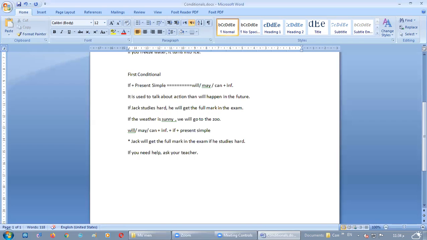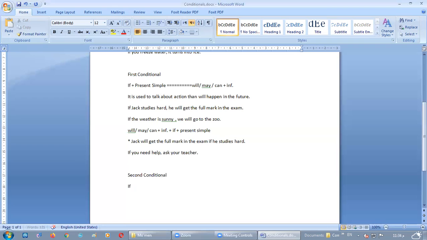The next type of conditionals is the second conditional. What about the second conditional? We can use the second conditional to talk about imaginary and unreal situations. What about the form of the second conditional?